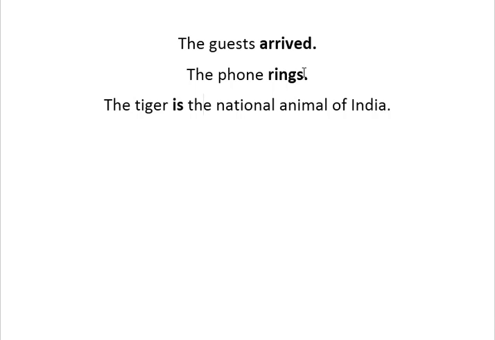In the second sentence there is no object after the verb. In the third sentence there are words after the verb, but these do not tell on whom the subject has done the work; they just tell the state or the condition. It tells that the tiger is the national animal of India. Here no work has been done, so we can say that there is no object here.